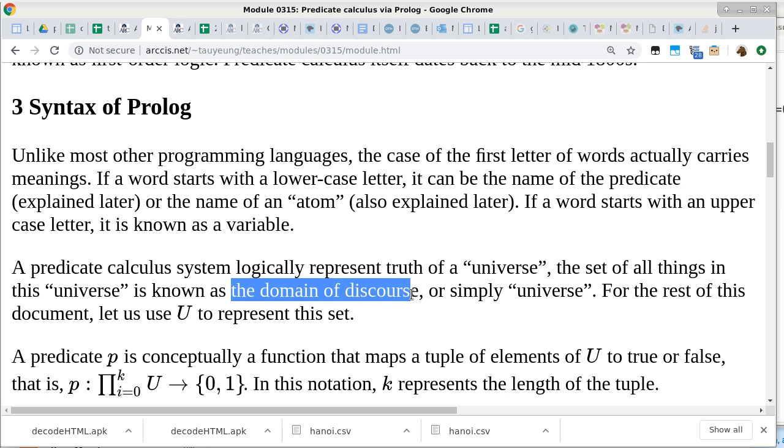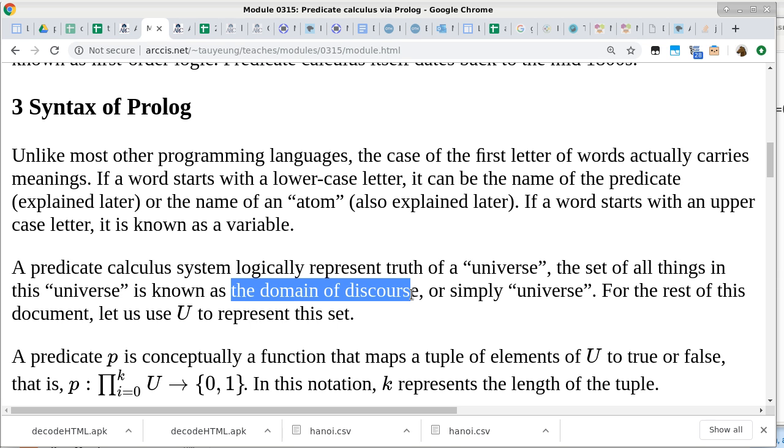If you want to write a Prolog program to deal with ancestry, then the people become atoms. Each person becomes an atom, and collectively, every single person in the system comprises the quote-unquote universe. Is that okay?